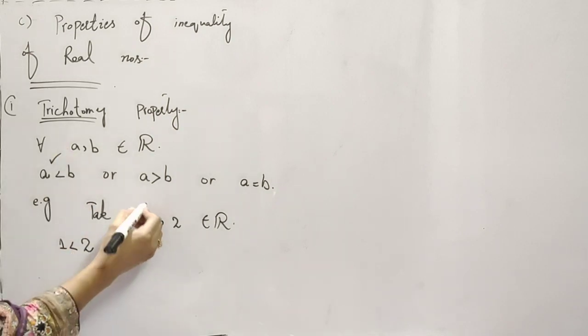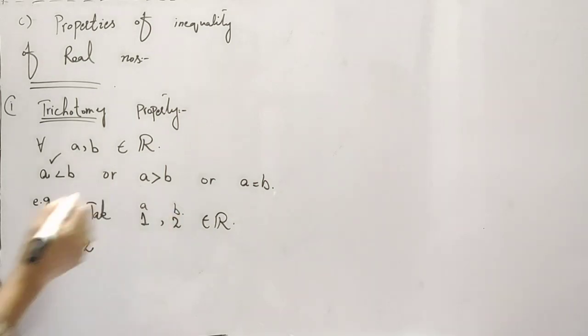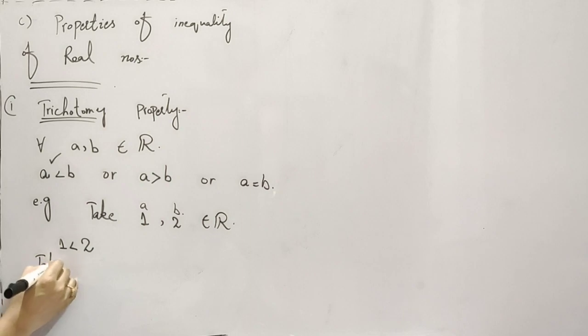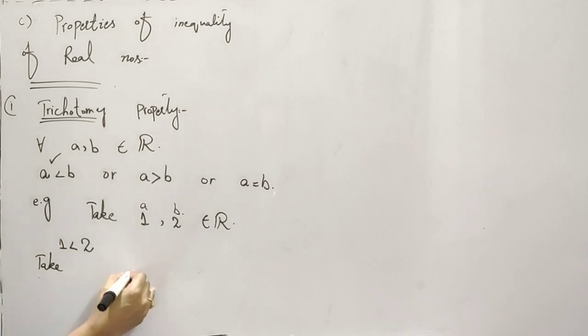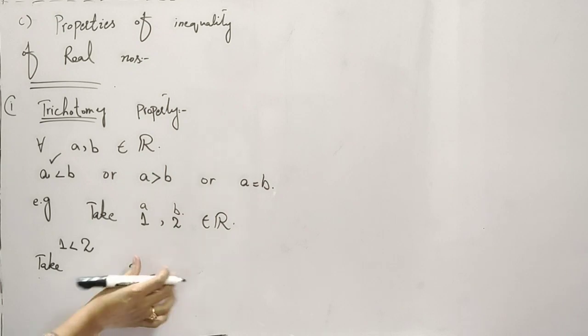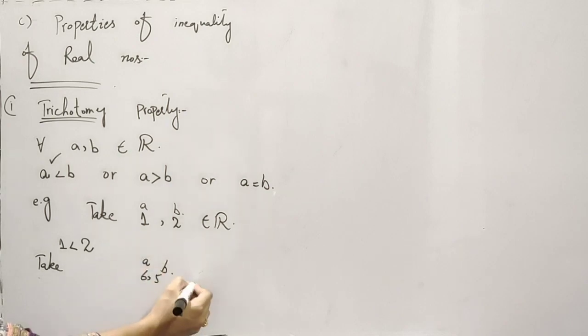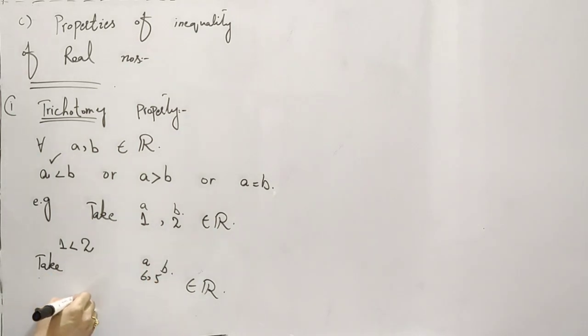Now take 6 and 5, where this is a and this is b, belonging to the real line. Now you can say that a is greater than b. It means that 6 is greater than 5. Now this condition holds.